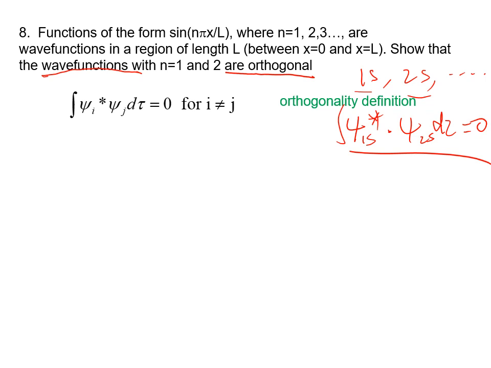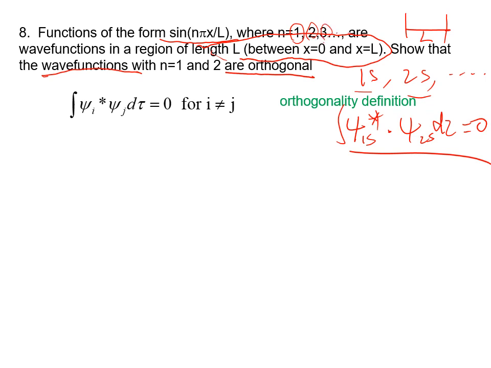Now in this question, the solution is for a particle in a box of length L, with range from 0 to L. In this range, a box with length L has different wave functions, sine n pi x divided by L. n can be 1, 2, 3, and keep going.